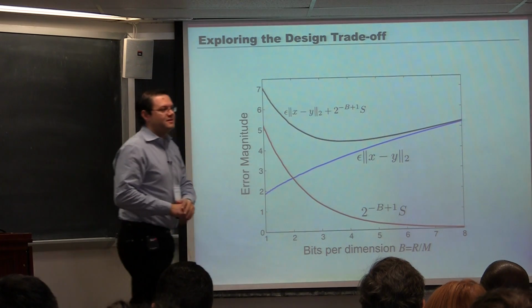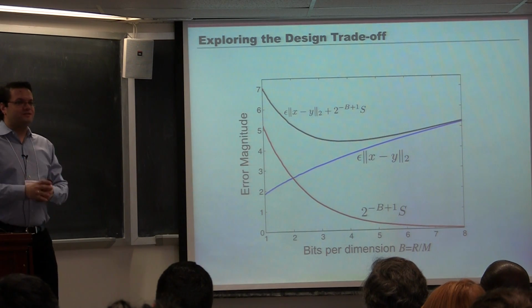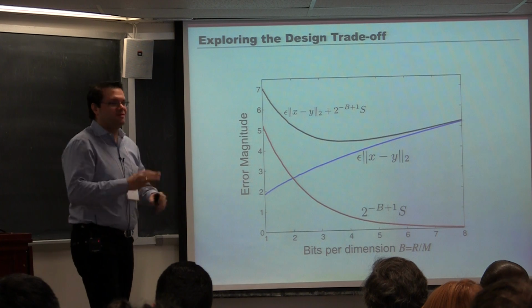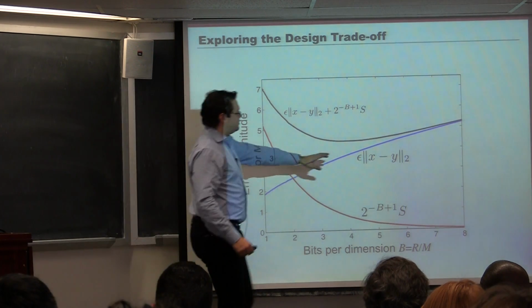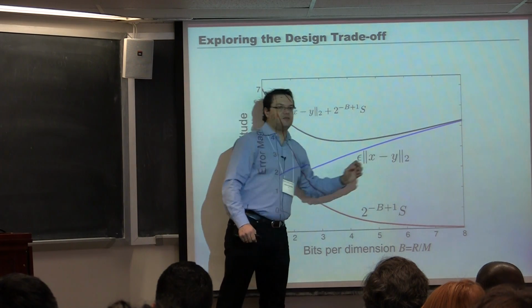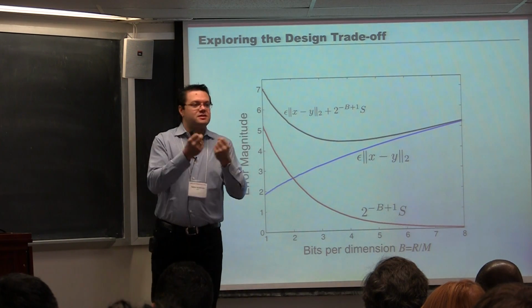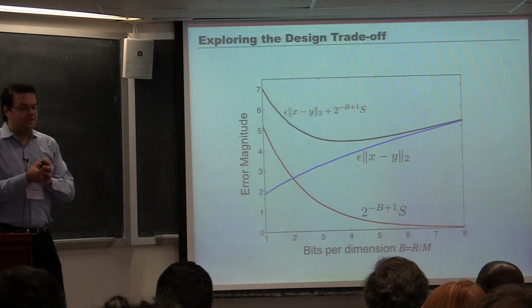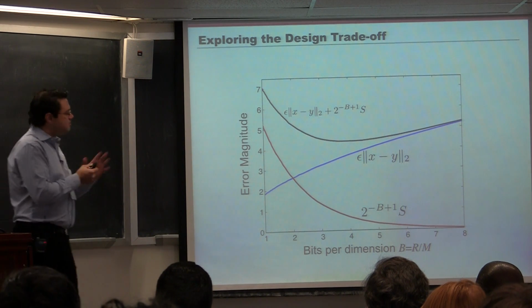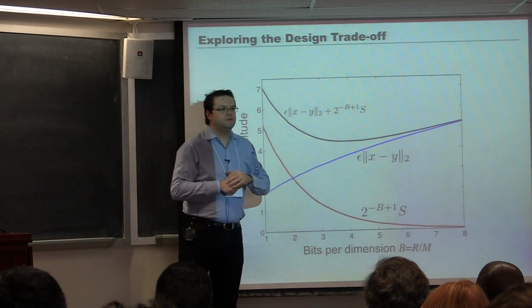There are a lot of constants, and in all these proofs, they sweep the constants under the rug, and no constant is tight. Plus, this Johnson-Lindenstrauss type error also depends on the distances of your signals, right? So you can't really optimize things other than experimentally, but there is a trade-off that you need to explore.